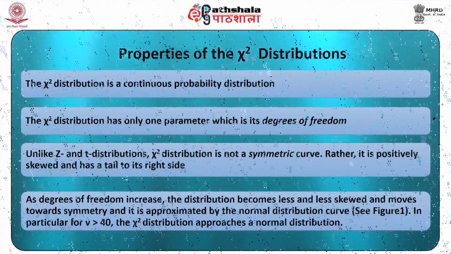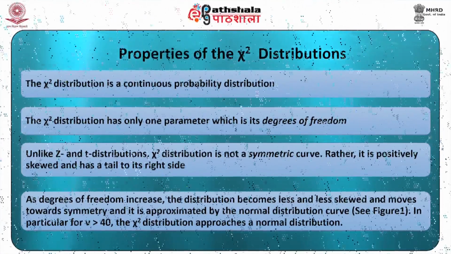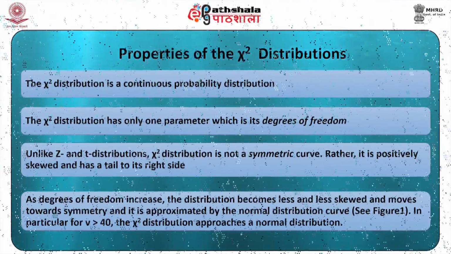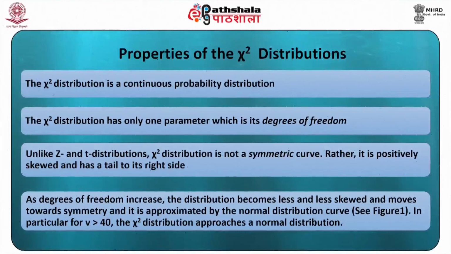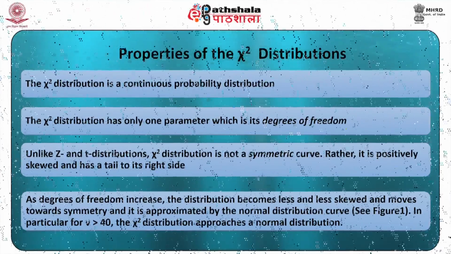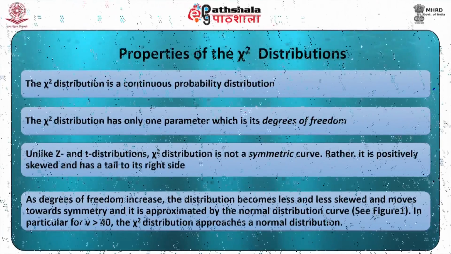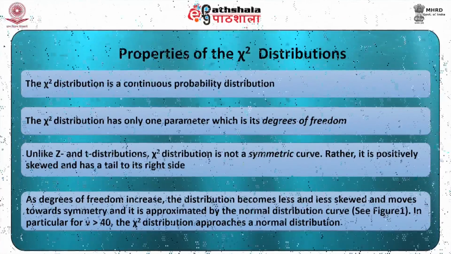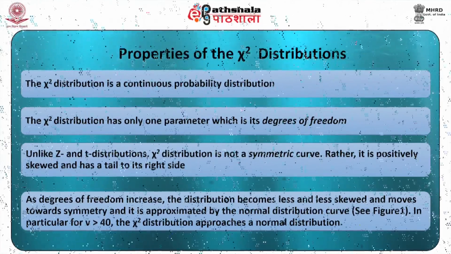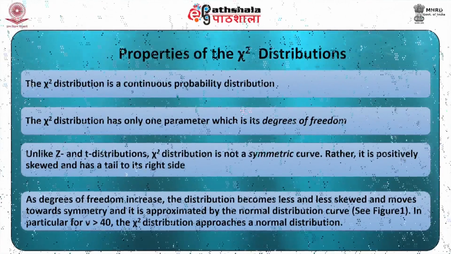The possible values that nu can take are 1, 2, 3, etc. Now, unlike z and t distributions, the chi-square distribution is not a symmetric curve. Let me repeat. Unlike z, which is a normal distribution, and t distributions, the chi-square distribution is not a symmetric curve.